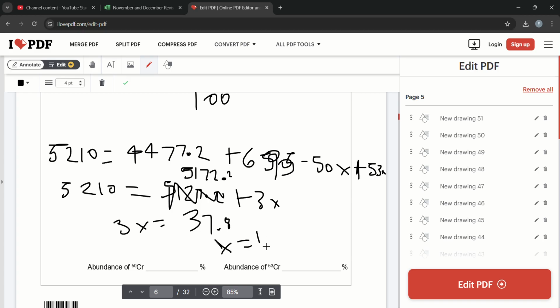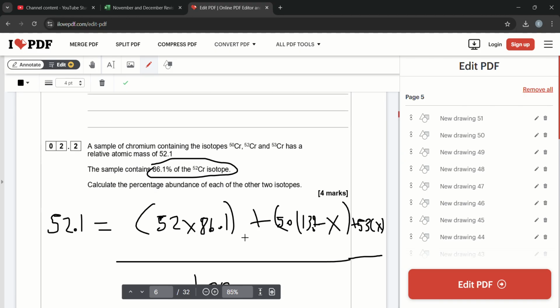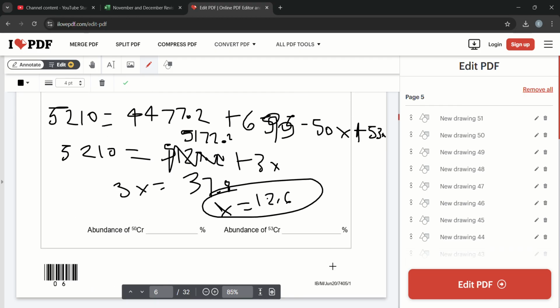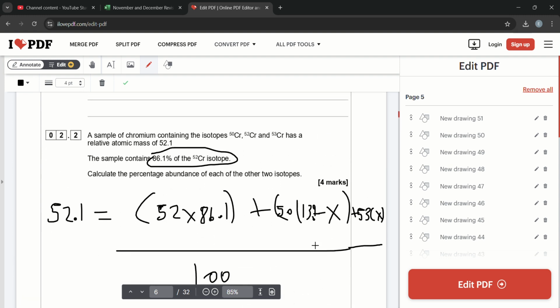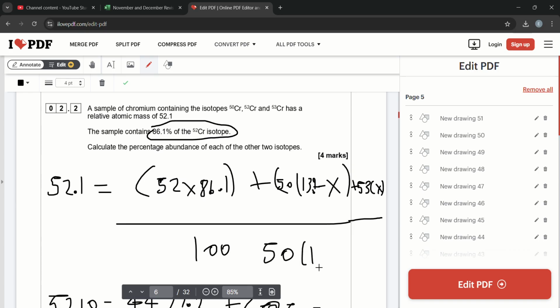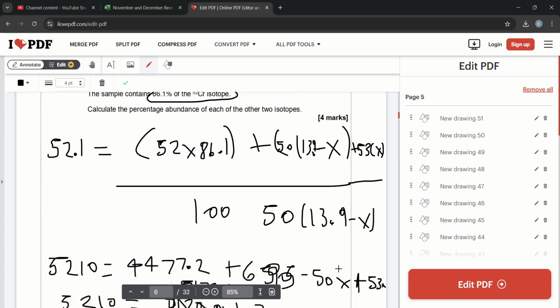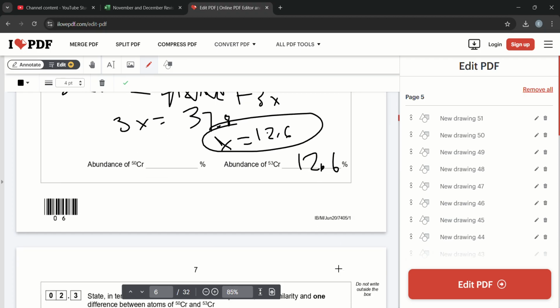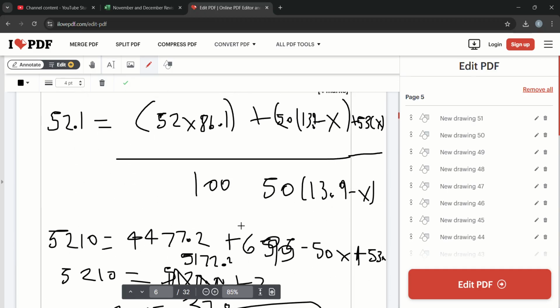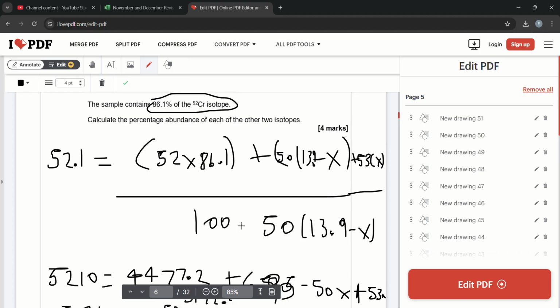X is equal to 12.6. So the abundance of 53Cr is 12.6. It's just x. The abundance of 50Cr is going to be 13.9 minus x.